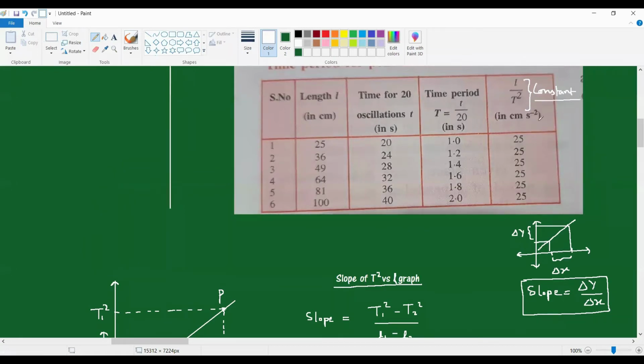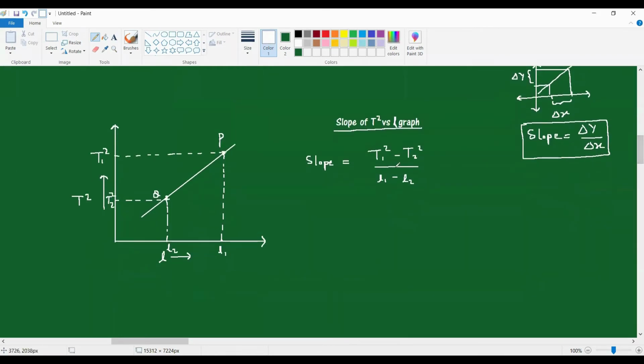For a place means when the value of g, the acceleration due to gravity, is not disturbed, L upon T square is constant. Similarly, T square upon L is also constant. So this slope is constant for a place, if acceleration g is constant. Clear?